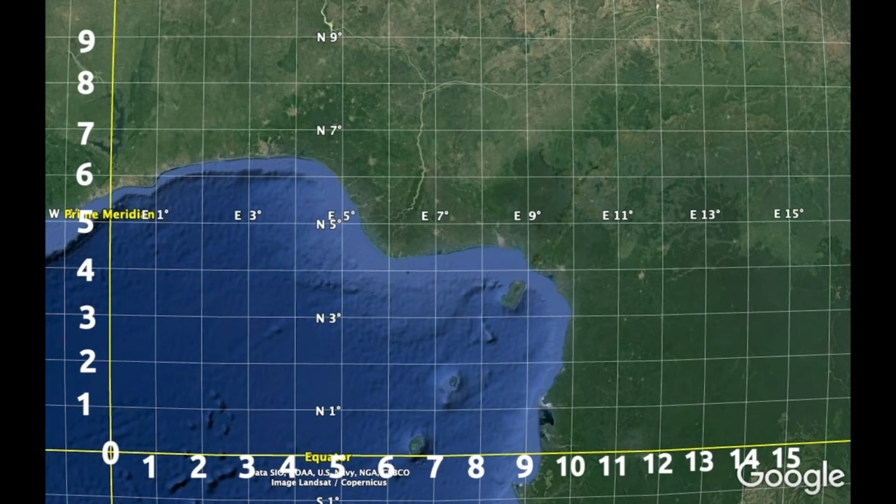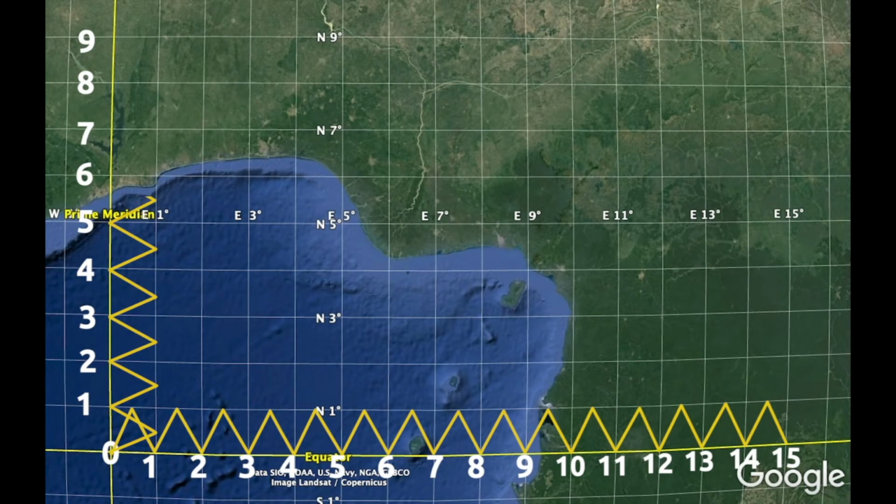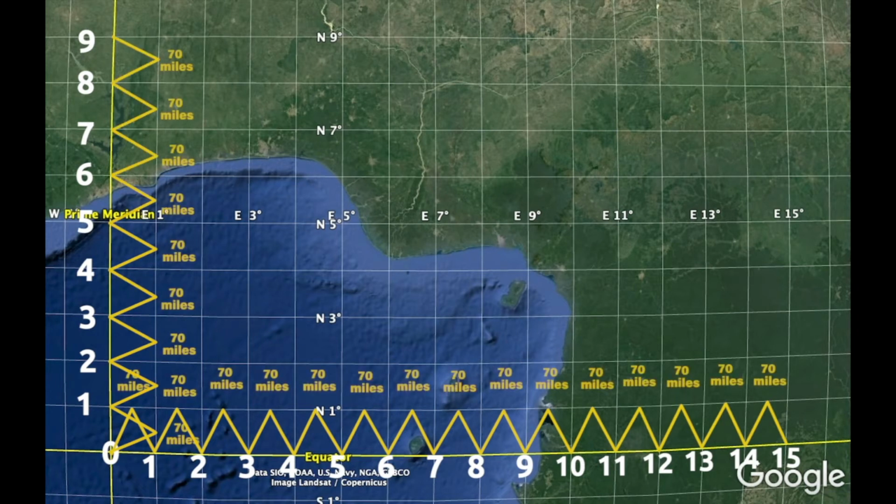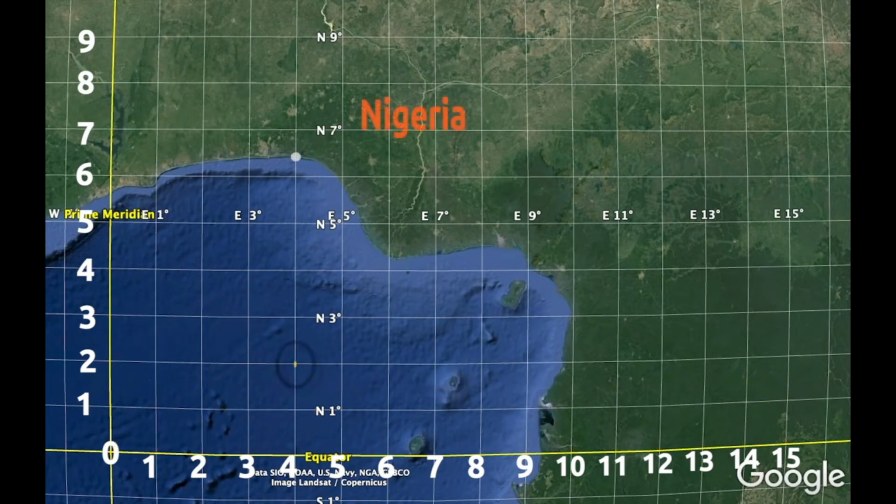And here's where it gets so cool. The designers of this system created it so that between each degree along the equator and the prime meridian, there's just about 70 miles. Now do you think you have enough information to determine how far away the boat is from the coast of Nigeria?